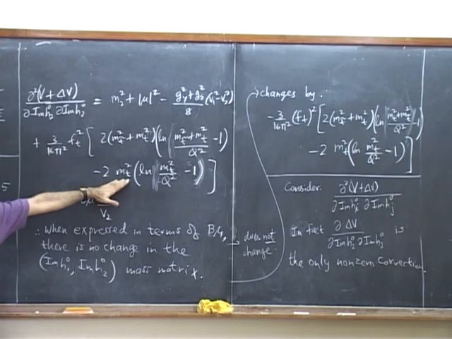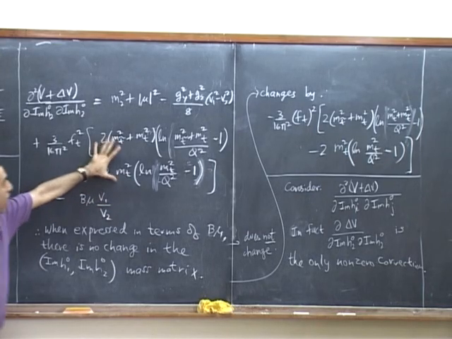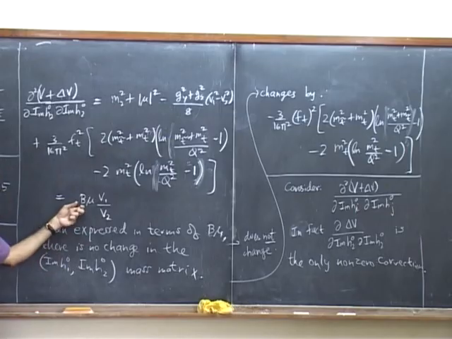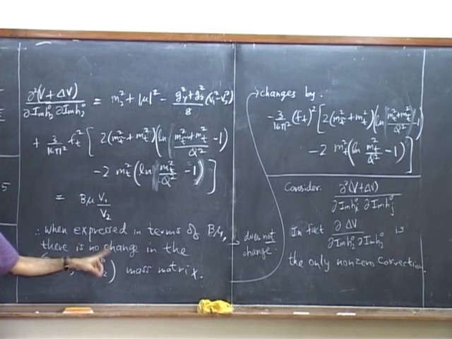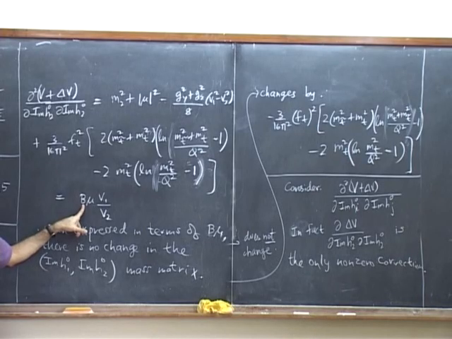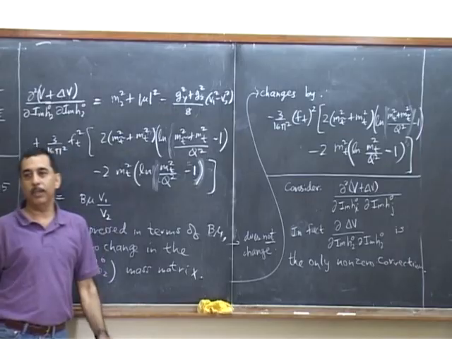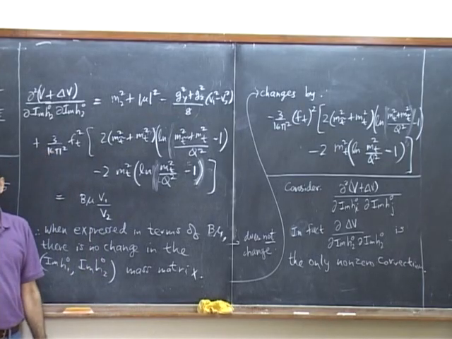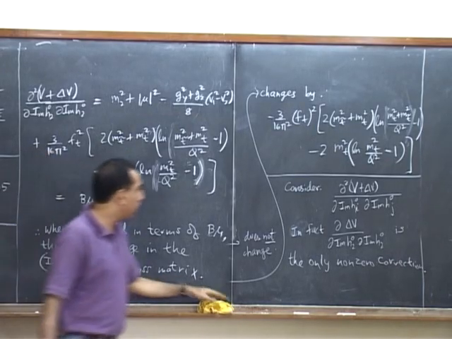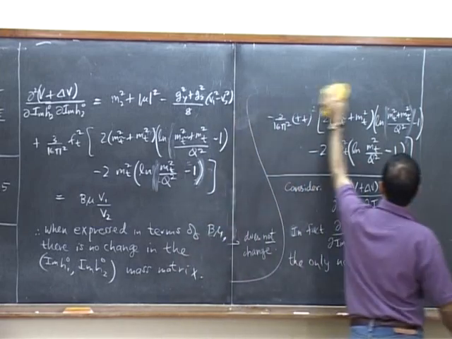But the change was exactly by an amount such that that plus these values adds back to this. So when we say it doesn't change, we mean it doesn't change in terms of this parameter. It does change in terms of these parameters. So it depends on what parameters you describe it in terms of. But obviously this is very convenient.